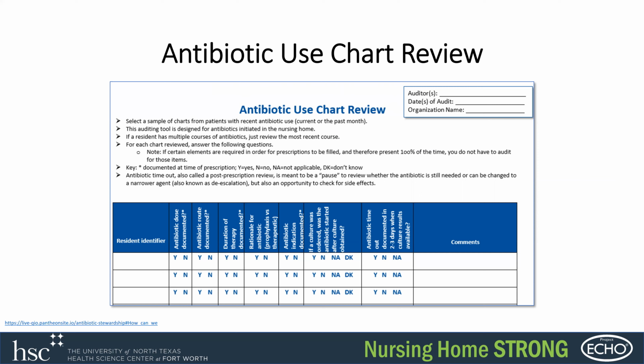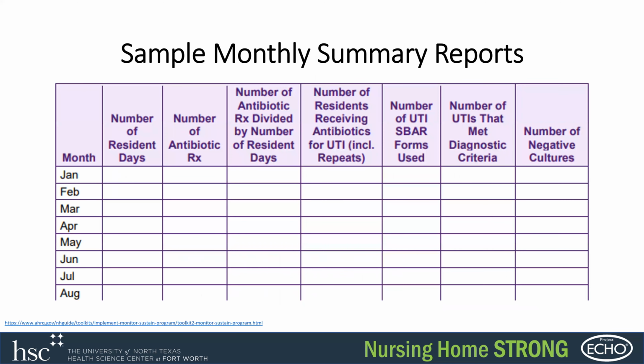And then you want to look at the antibiotics that have been initiated within your facility. If a resident has multiple courses, you can just review the most recent course. For each chart reviewed, you answer the questions. Like I said, really straightforward. This can also give you a great just-in-time sense of what's going on. All right, let's go ahead and go to the next slide.